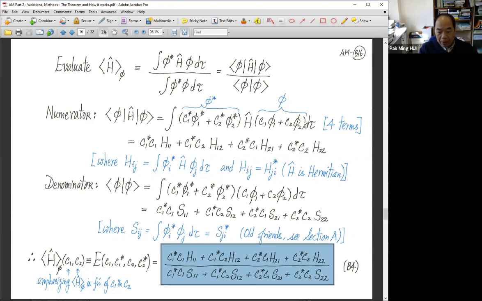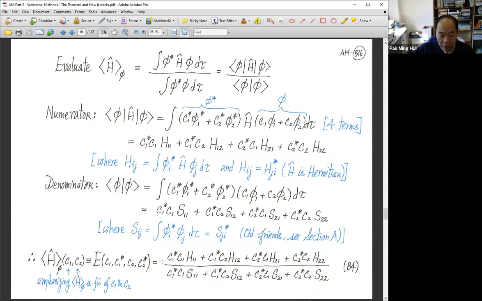Now we are not done yet. Pay attention. We want to find C1, C2 such that partial E, partial C1 star, for example, is 0. That will signal that E is an extremum.